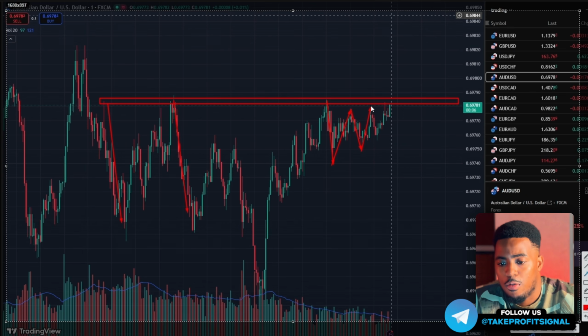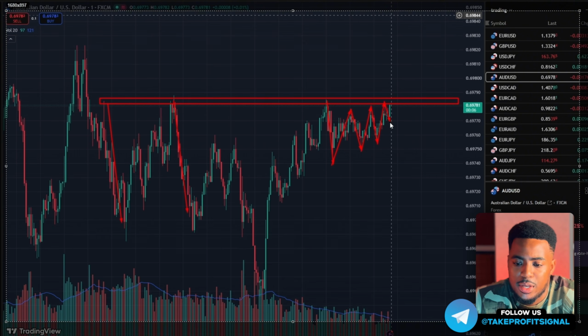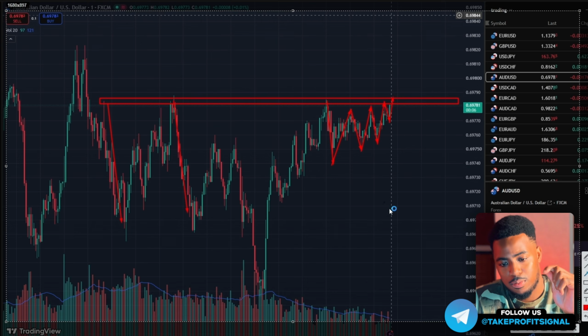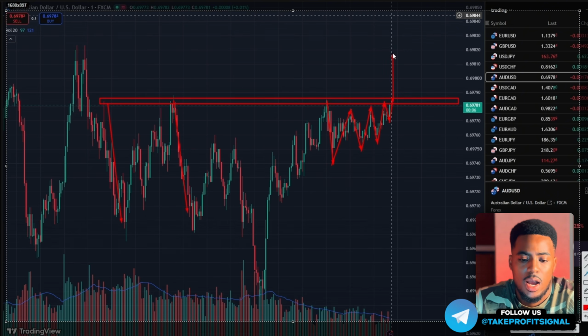However, over time, each approach of the price to the level has decreased the distance from the price to the level. In this situation, I will definitely not enter a trade, as there is a possibility of a sharp breakout of this level, after which it is unknown what would happen. It could be a false breakout, or it could continue moving forward.